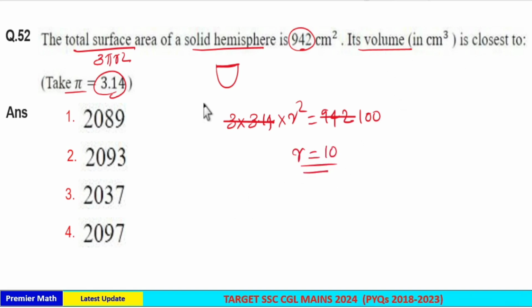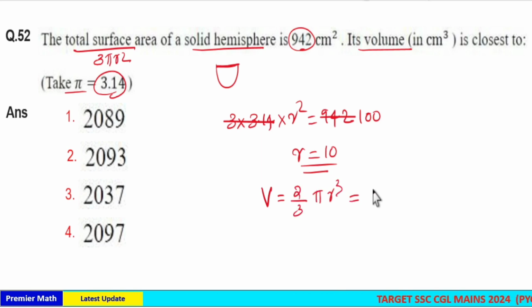Then volume is closest to. Here volume of hemisphere is equal to 2 by 3 pi r cube. So which is equal to 2 by 3 into pi, which is 3.14, into r cube, which is 1000.